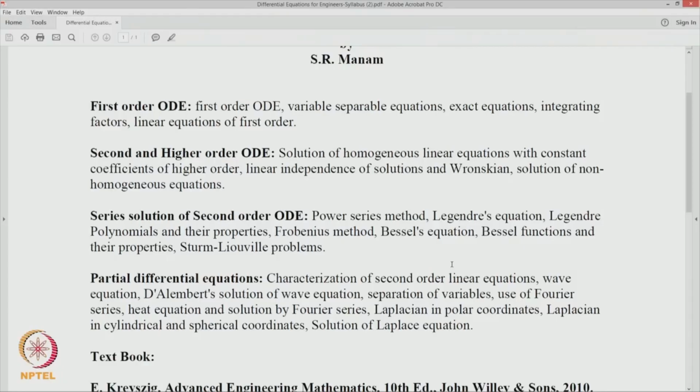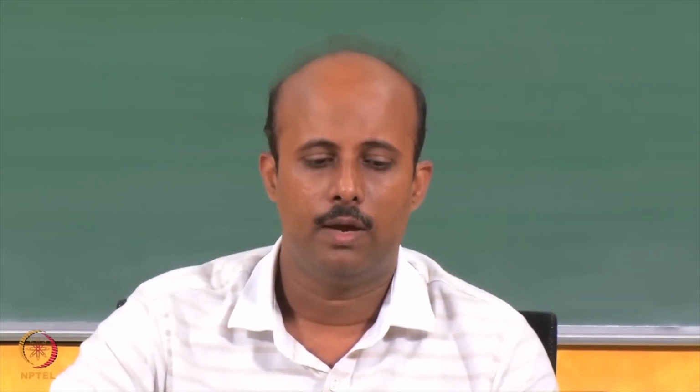In simpler domains, you can solve linear partial differential equations by a simpler technique called separation of variables. We make use of the Sturm-Liouville theory of ODEs to solve partial differential equations. That is what we do in the last module. So, briefly, this is what we are going to learn in this course on differential equations. Okay.